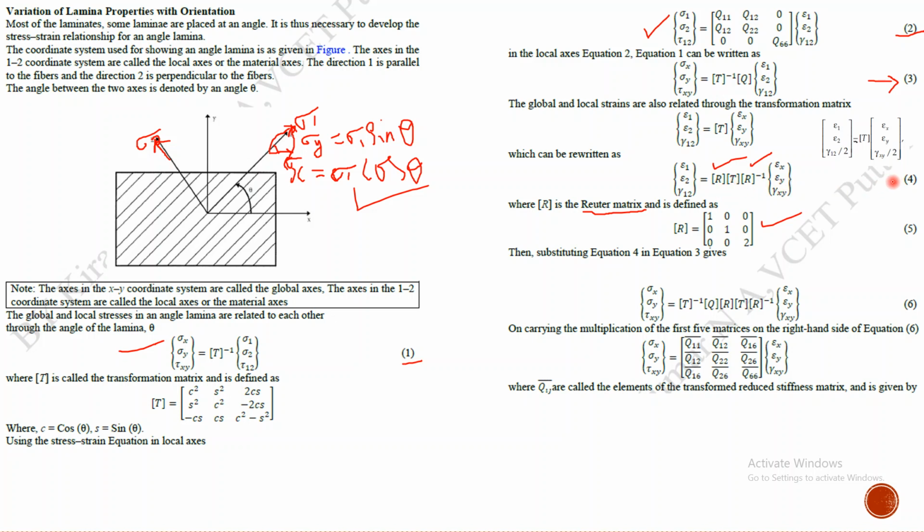Once you get equation number 4, you just substitute equation number 4 into equation number 3. If you do that, then it becomes sigma x, sigma y, tau xy equals the transformation matrix inverse multiplied by the Q matrix. So these two terms are already there.